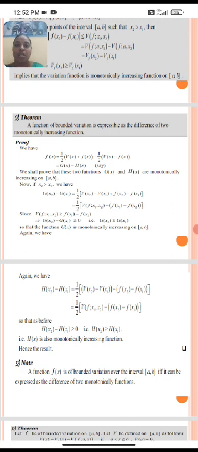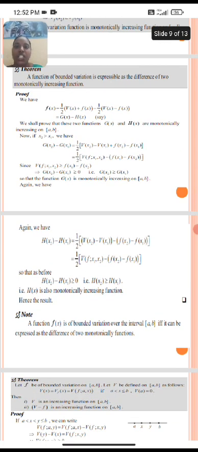Theorem: a function of bounded variation is expressible as the difference of two monotonic increasing functions. Let f(x) be a function, with g(x) equal to 1 divided by 2 of [V(x) plus f(x)] and h(x) equal to 1 divided by 2 of [V(x) minus f(x)]. We shall prove that the two functions g(x) and h(x) are monotonically increasing on [a, b].